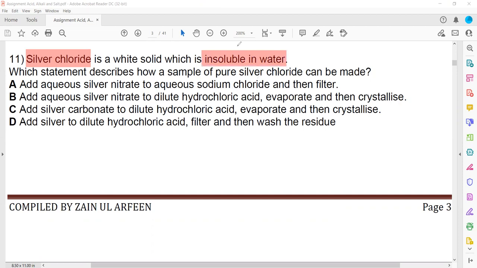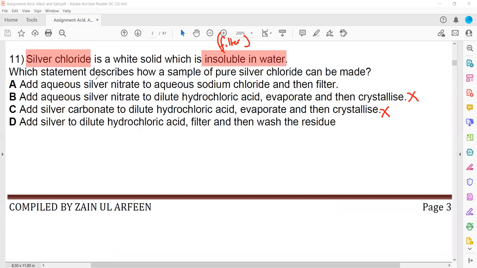If it is an insoluble salt, it is obtained by filtration. We'll always filter. So in option B, it is written evaporation and crystallization. That is wrong. In option C, it is written evaporate and crystallize. That is also wrong. So we are left with A and D. Now we have to check whether A or D is the answer.